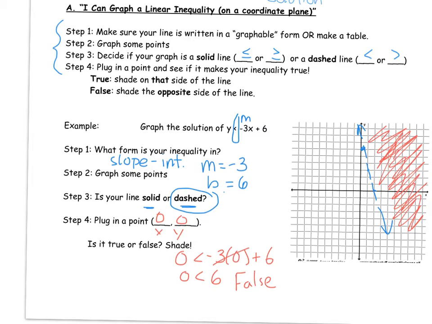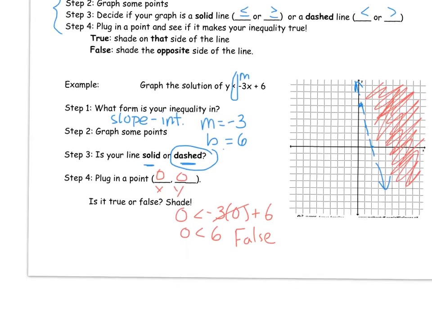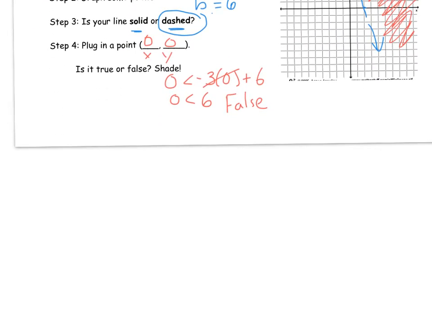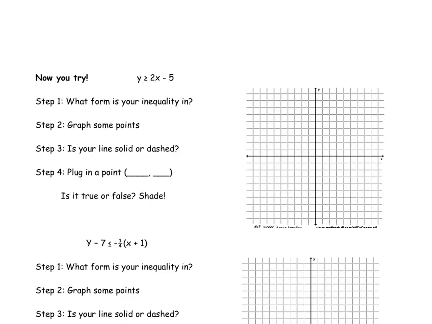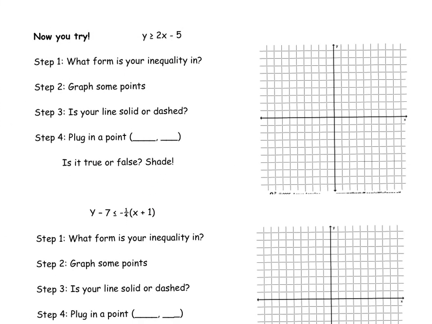Again, if you're confused about parts, star it, come to class, and let's check it out. Moving on to the next problem, it's the same thing. First, what form is it in? Graph some points. Is your line solid or dashed? Try that out. Hopefully you see y equals mx plus b, or slope-intercept.